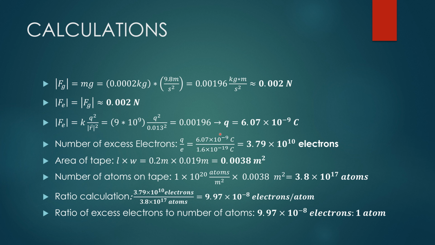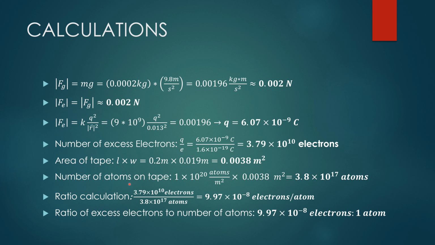When we did that and solved for Q, we found that Q equals 6.07 times 10 to the negative ninth coulombs. Next, to find the number of excess electrons, we divided the charge by the charge of an electron. The coulombs unit cancels out, and you get 3.79 times 10 to the 10th power electrons.